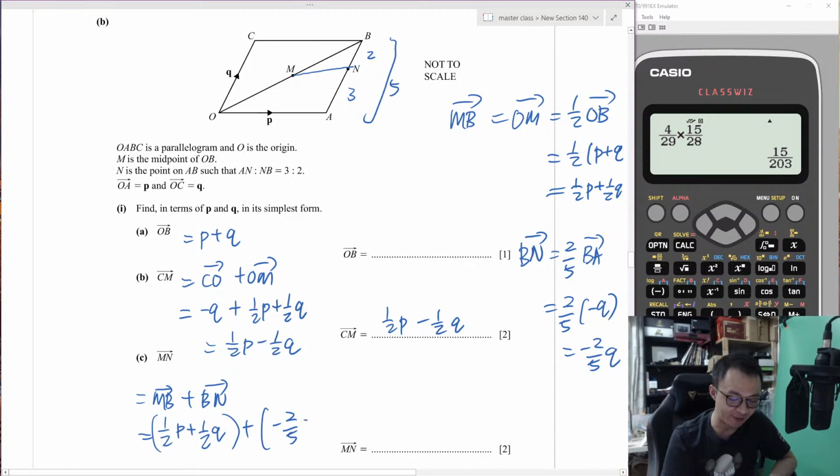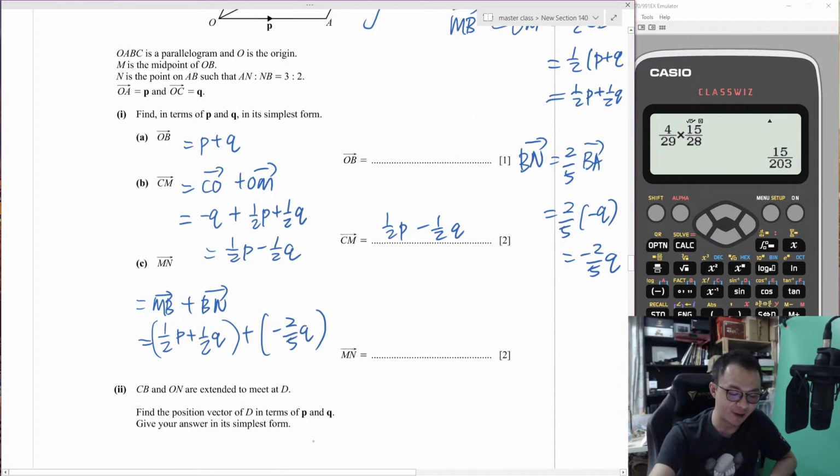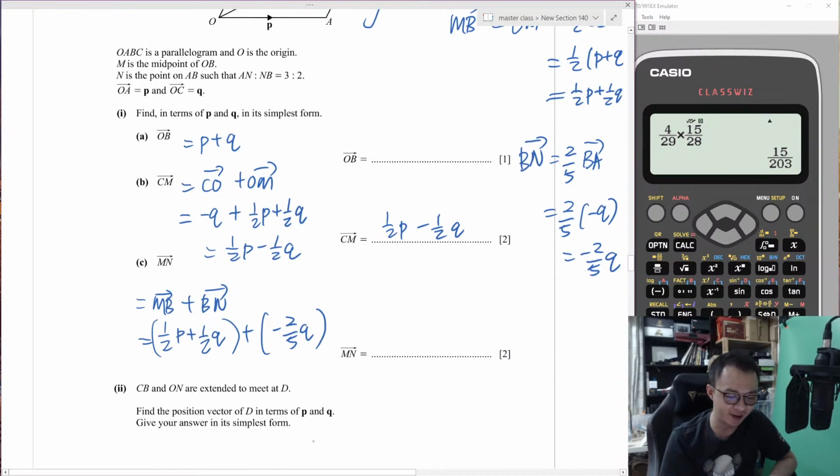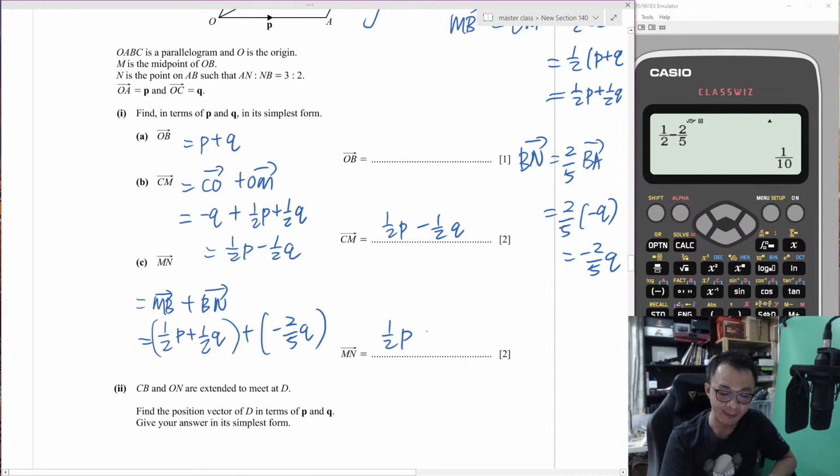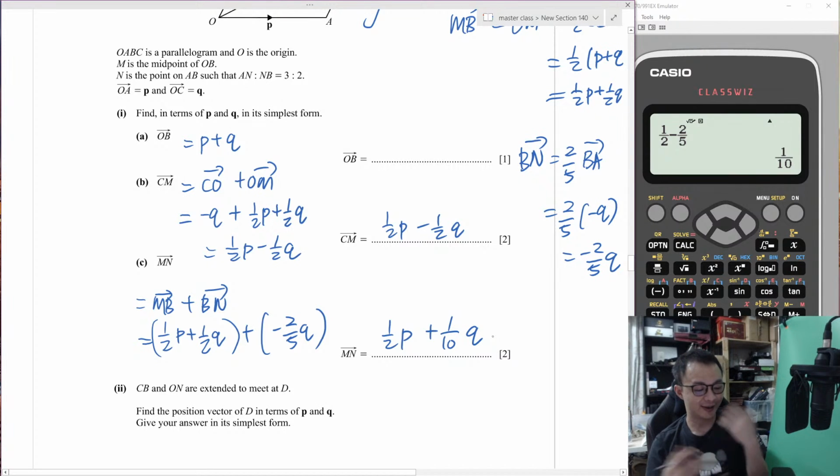Then I will just solve it. 1 over 2 minus 2 over 5 gives 1 over 10Q. This is half P plus 1 over 10Q. Alright, done here.